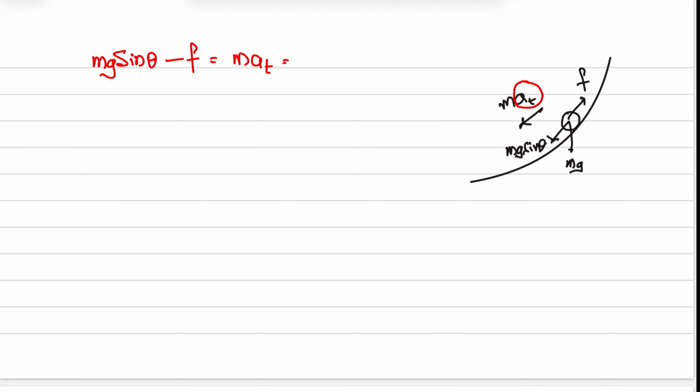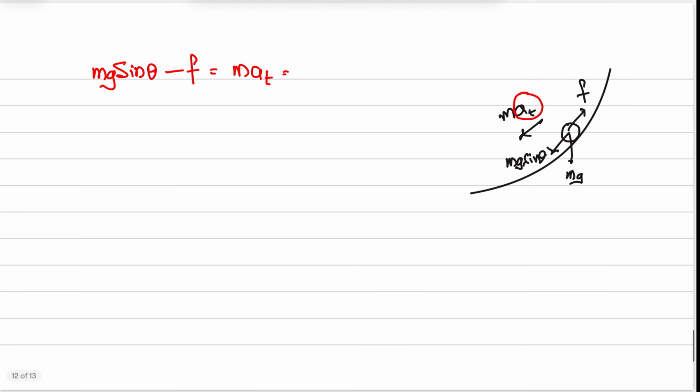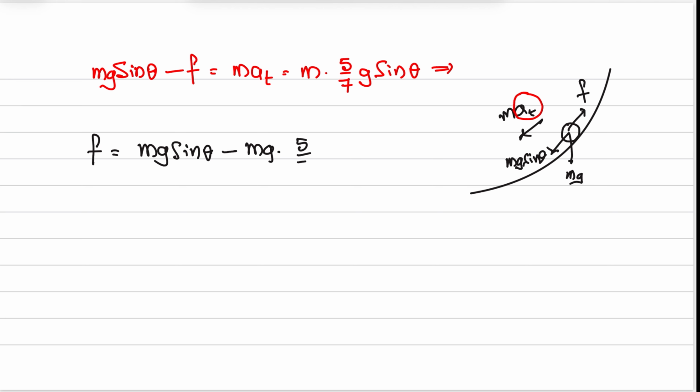You got the value of At as 5 by 7 g sin theta. M into 5 by 7 g sin theta. From this what we get? F is equal to mg sin theta minus mg into 5 by 7 sin theta.